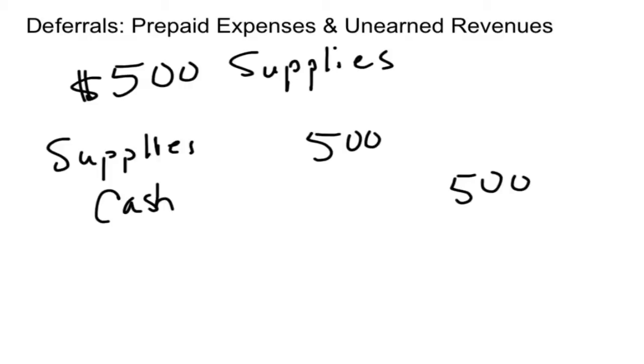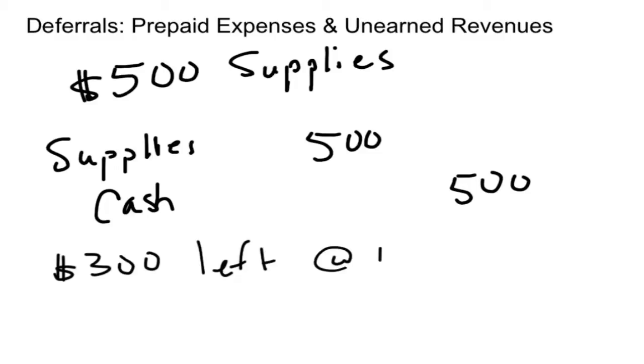Not cost beneficial. So we go in periodically and see what's left. So let's say that we go and count up, and now we've got $300 left in the supply cabinet at the end of the month.